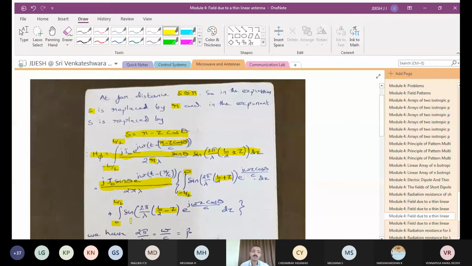And the same thing, from 0 to L by 2, sine of 2 pi by lambda (L by 2 minus Z) e to the power of j omega Z cos theta divided by c dz. This is what you get. Now we have not done integration yet. We have just separated the terms and written them for the limits minus L by 2 to 0 and 0 to L by 2.